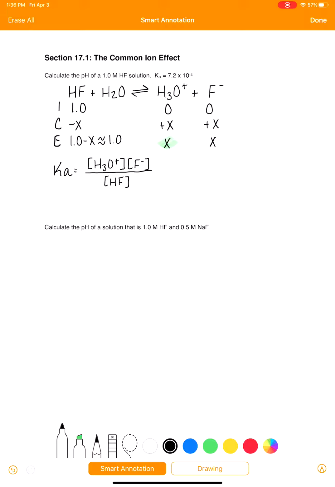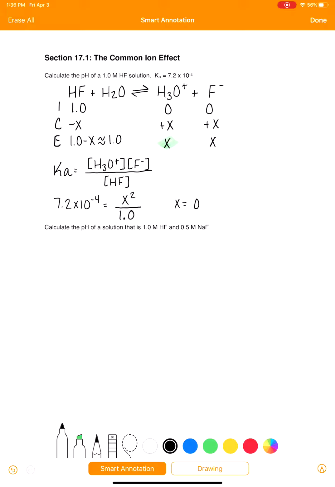Our Ka, 7.2 times 10 to the minus 4, equals X for both H3O+ and F-, so that's X squared on top, over 1, our value of HF. And so now we're just going to solve for X. That is going to be 7.2 times 10 to the minus 4 times 1. And then take the square root.